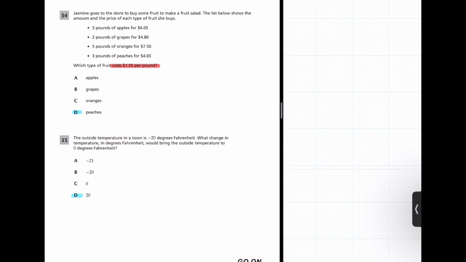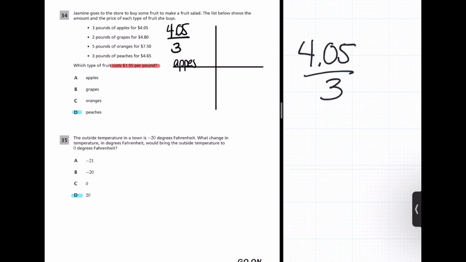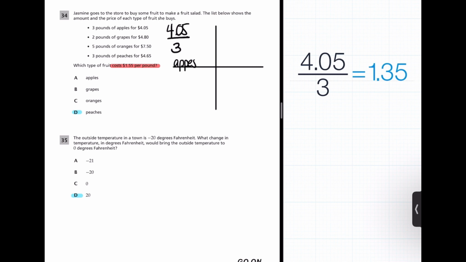So what I'm going to do is price per pound for each of our 4 fruits. So let's make some room. The first one are apples, and they are $4.05 for 3 pounds. So 4.05 divided by 3. So how much is 1 pound? $1.35.